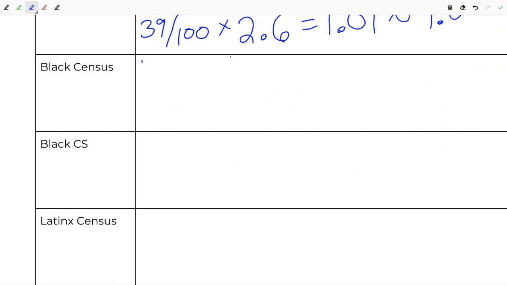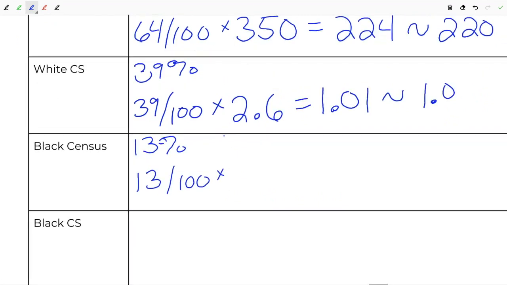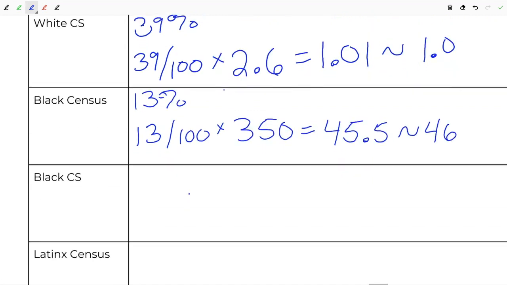Now, how many of the people on our lawn are black? That is going to be 13% of them. So 13 out of 100 times 350 is 45.5, which becomes 46. 40% of the people in the correctional system on our lawn are black.